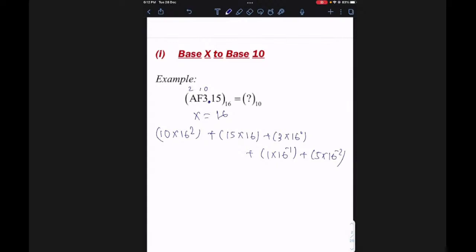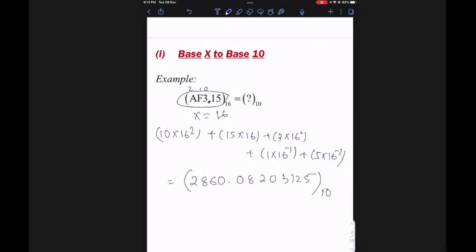If you sum this, take a calculator and simplify this, the answer you're going to get is 2860.08203125. So this number, AF3.15 in base 16, is equivalent to this number in base 10.